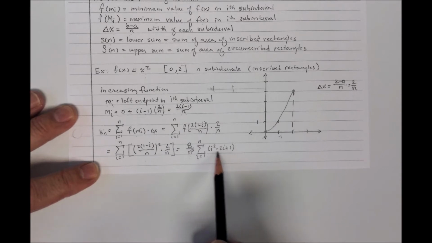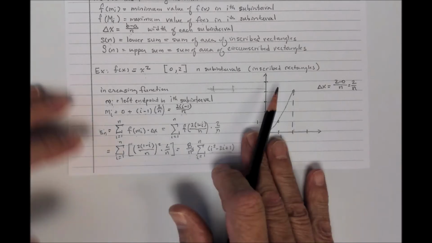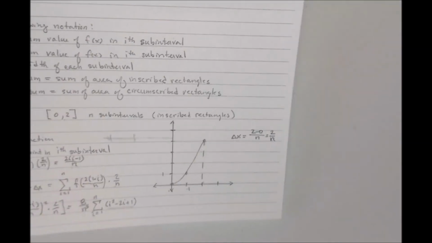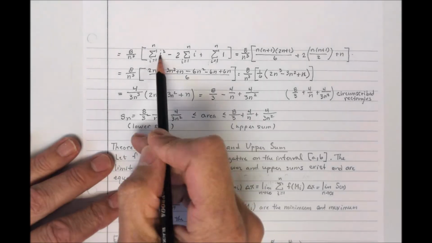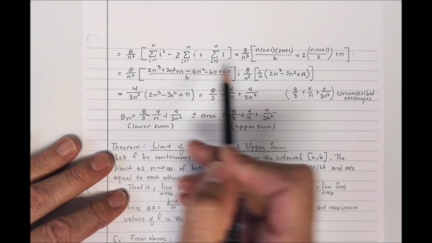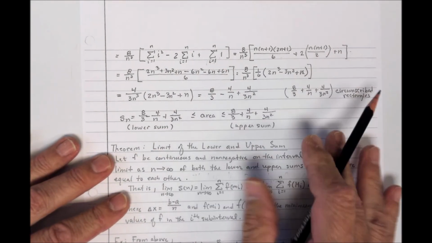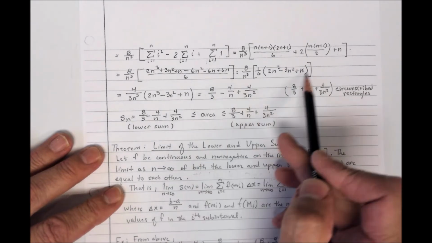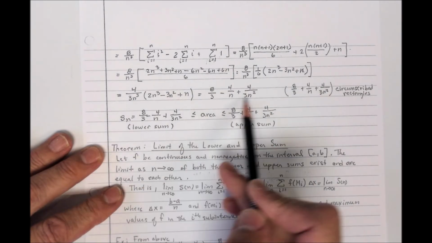And then I use those formulas for and properties of summation, and for special sum formulas, where I have i squared, and then I have the i, and then I have the constant. So that means I have to come over here for the i squared, the i, and the constant, use the formulas that I gave you before, do a whole bunch of algebra, and I get all the way to this.